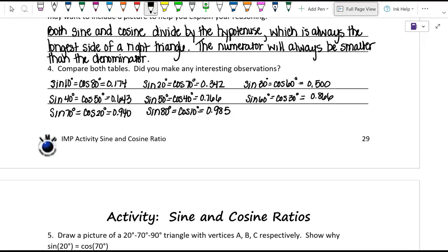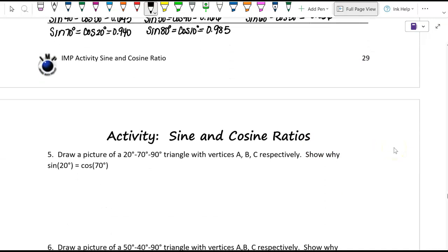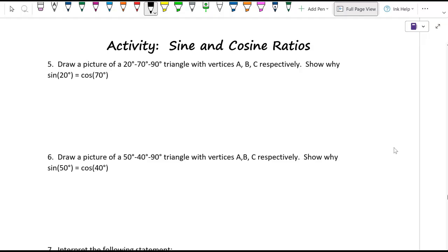But we also have to keep in mind that the actual angle measures, taking out the sine and cosine, in each of those pairs are going to add up to 90 degrees. We're going to come back to that and explain why that happens. It actually goes back to something you already know, but probably haven't thought to apply in this situation.